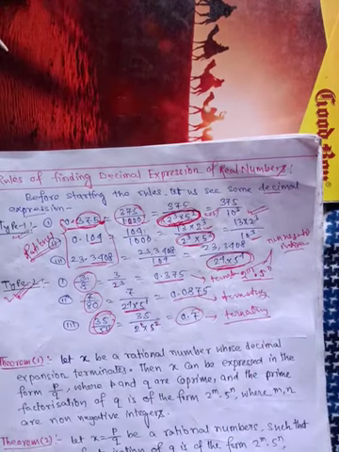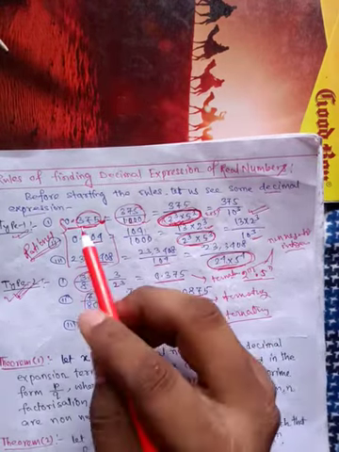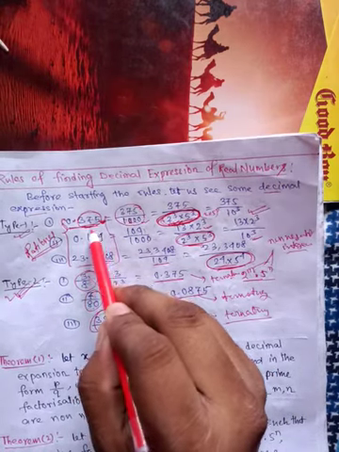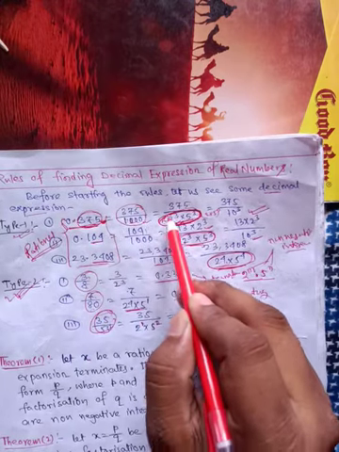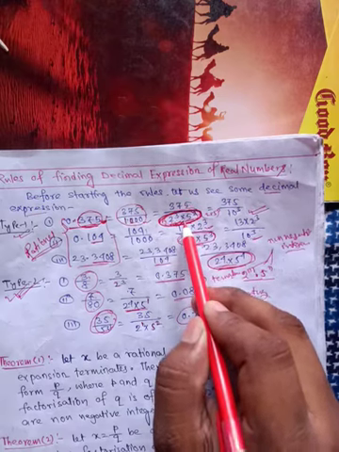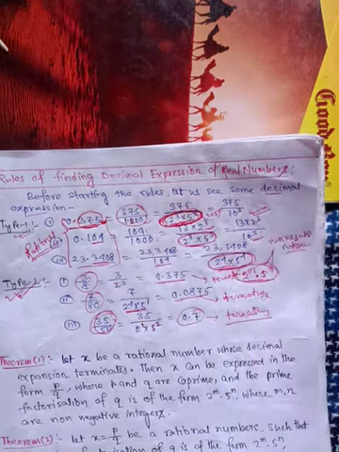So what we have seen here is that if a decimal representation is terminating, then the prime factorization of the denominator of the rational number is always of the form 2 to the power m, 5 to the power n.